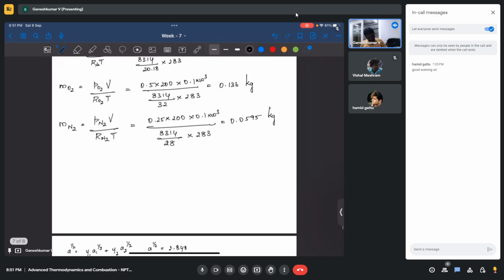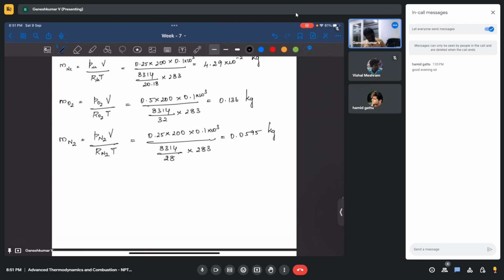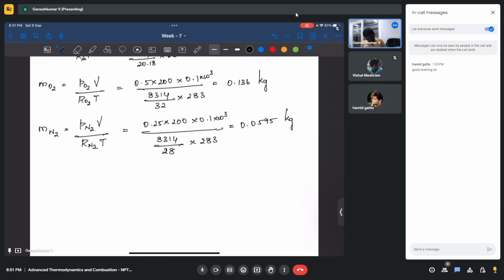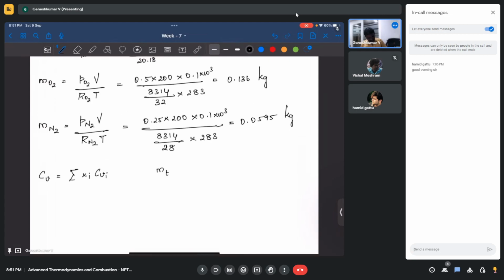We need to find CVs. To find CV, what we know is we need to multiply by mass fractions, right? Xi into CVi. The total mass is nothing but mass of neon, mass of nitrogen, and mass of oxygen.